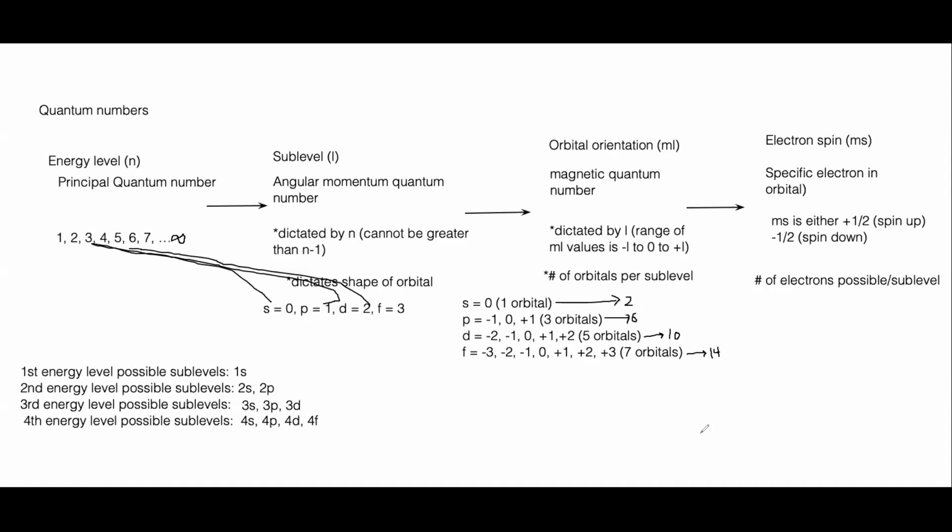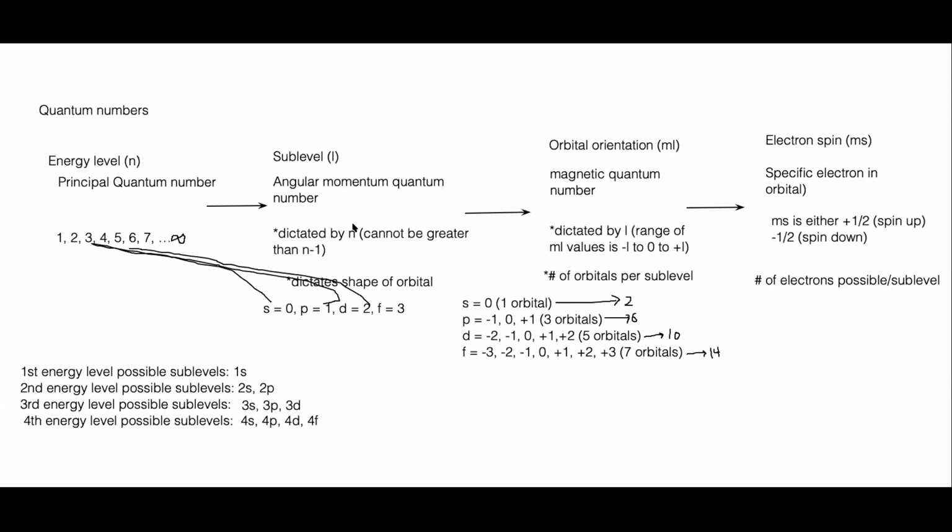We're going to use a lot of this information when we start looking at electron configurations tomorrow. Any questions about the 4 quantum numbers at this stage? No. No. No.